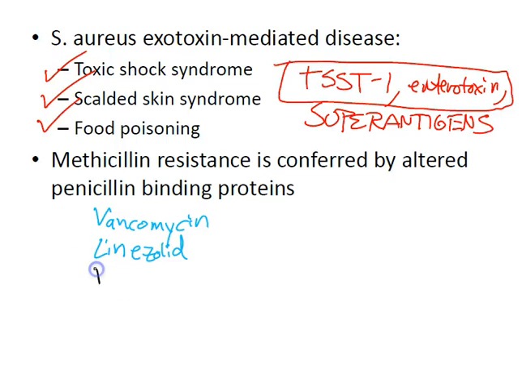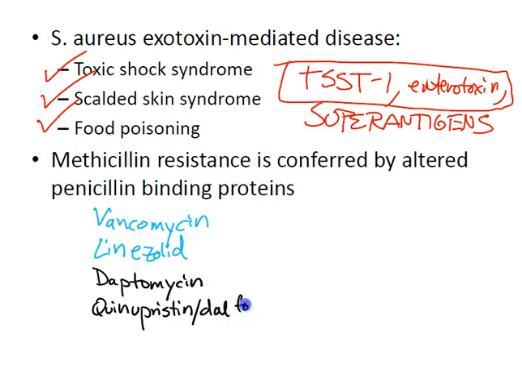You can also use daptomycin, quinupristin, or tigecycline.